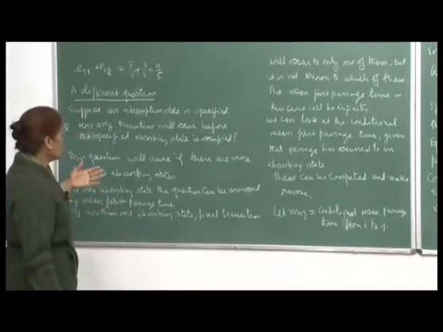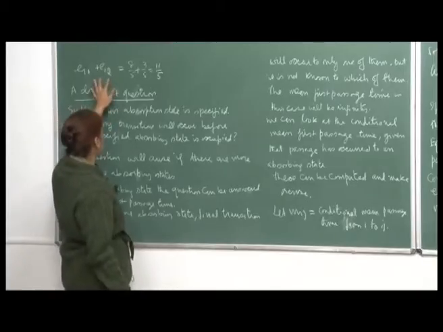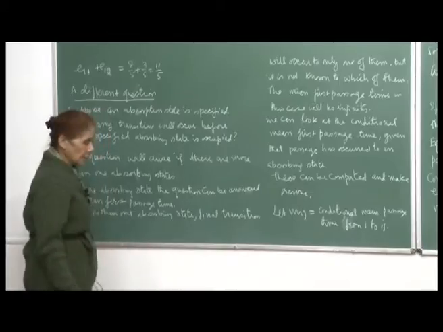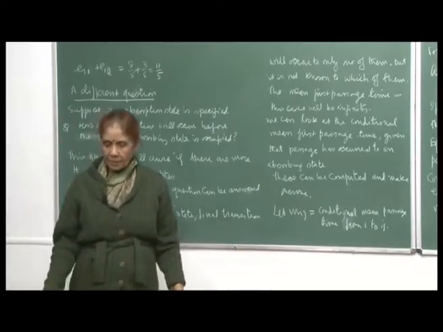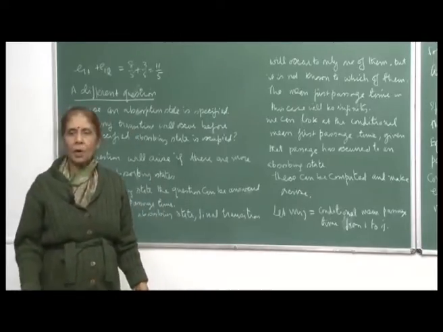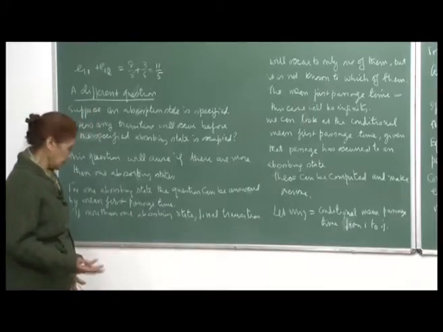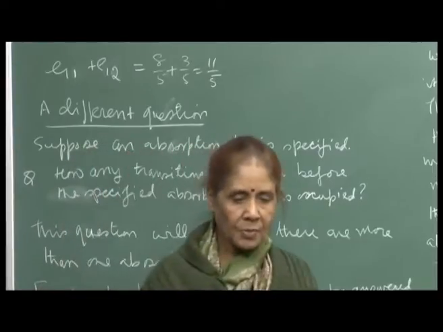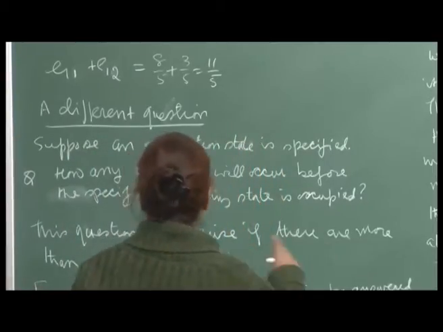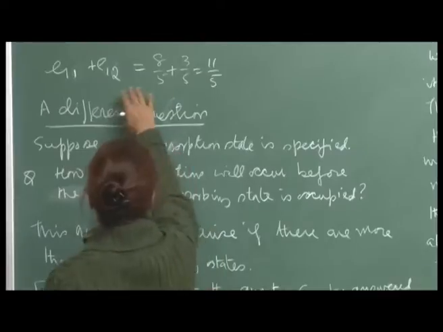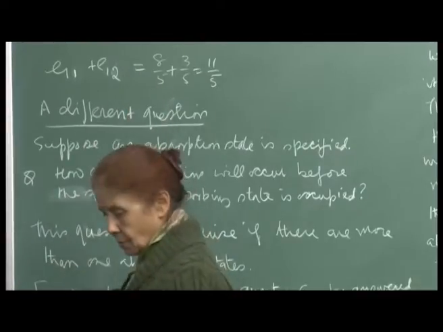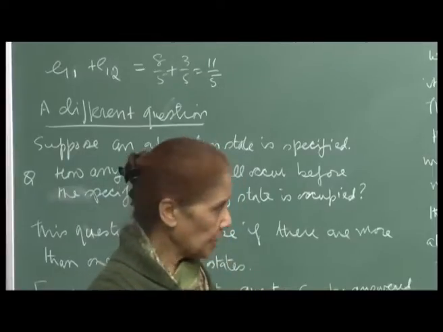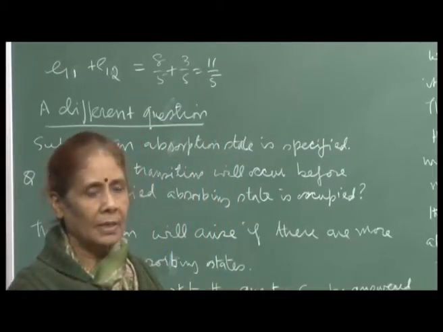So, you add up the two elements of I minus Q inverse, and this comes out to be 11 by 5. Similarly, you can find out if you started from state 2 how many transitions occur on average before you go to an absorbing state. That sum will be E21 plus E22. I thought I would emphasize again the interpretations of the elements of I minus Q inverse.